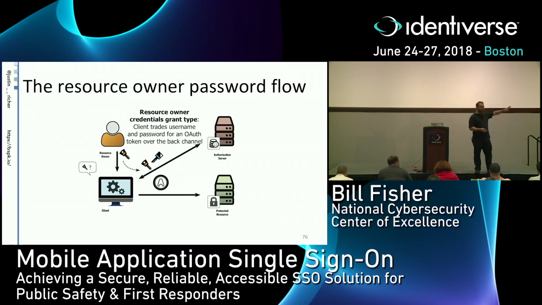And we built this in the OAuth protocol to really be very limited, non-extensible, and say it's just a username and a password, because we didn't want people to use this. This was meant to be a stepping stone to allow people to get their protected resources onto OAuth and eventually get all of their applications onto OAuth.